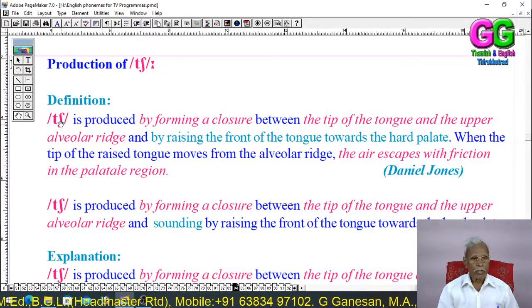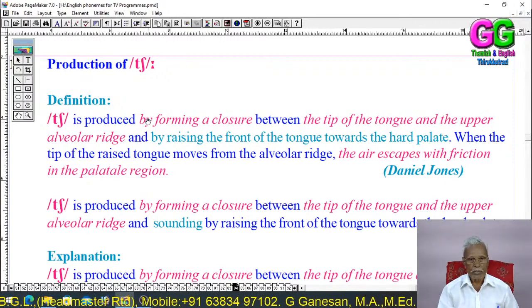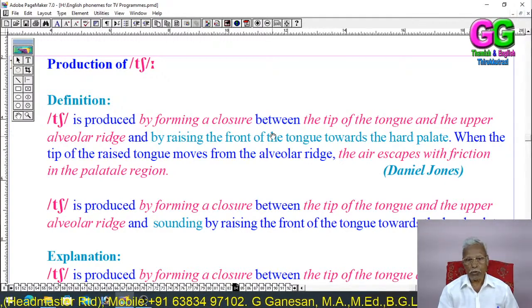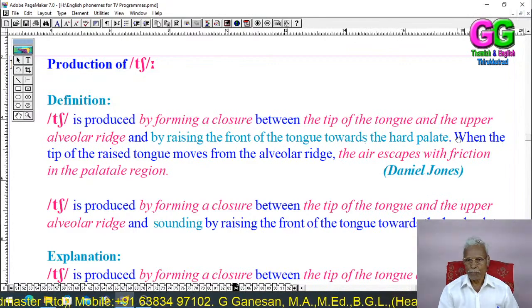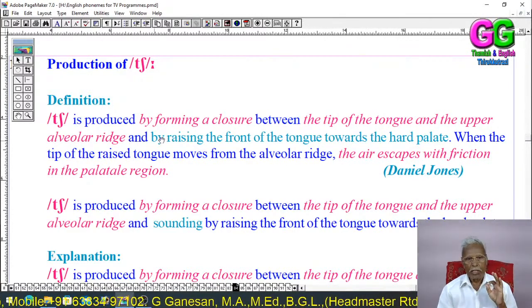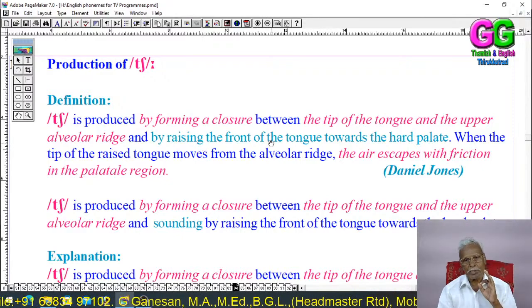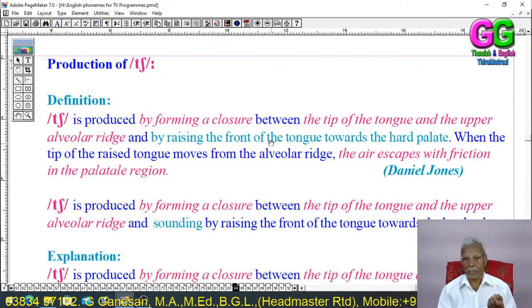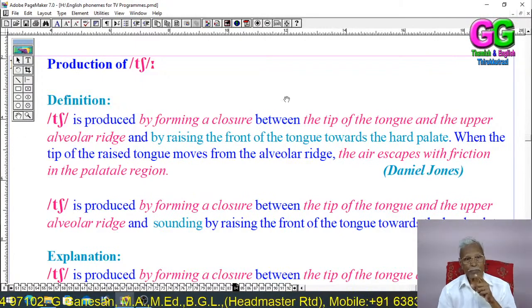Again, each is produced by forming a closure between the tip of the tongue and the upper alveolar ridge, and by raising the front of the tongue towards the hard palate.